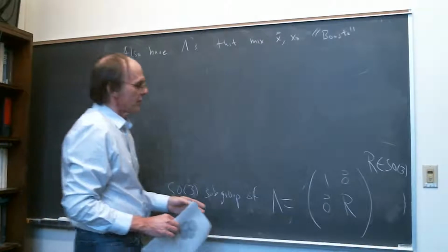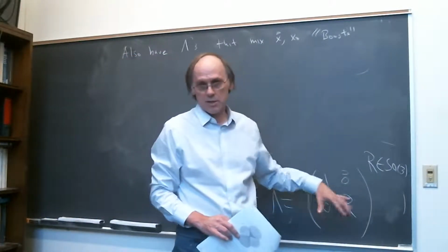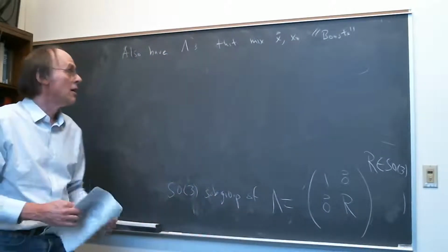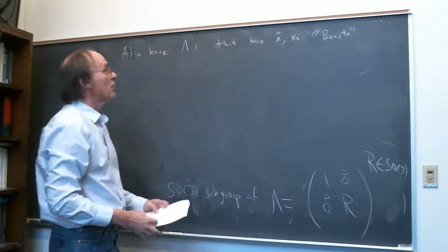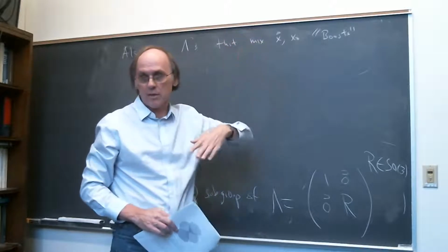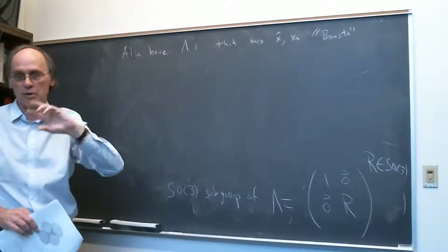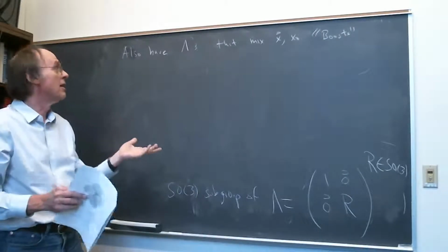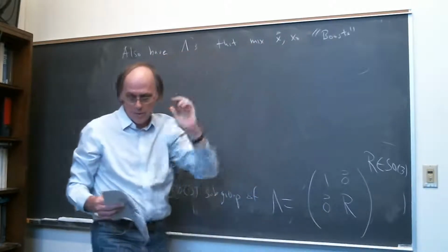So you can think of these as being generated by 3 different kinds of rotations: those about the 1-axis, the 2-axis, and the 3-axis. Similarly, you can think about boosts as ones that mix x1 and x0 and leave everything else alone, or mix x2 and x0, or mix x3 and x0. A general element can be built out of those.